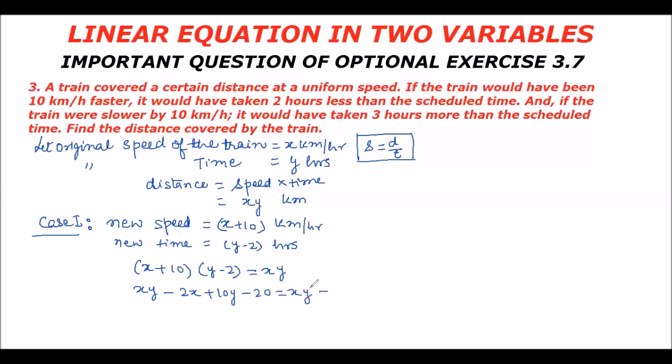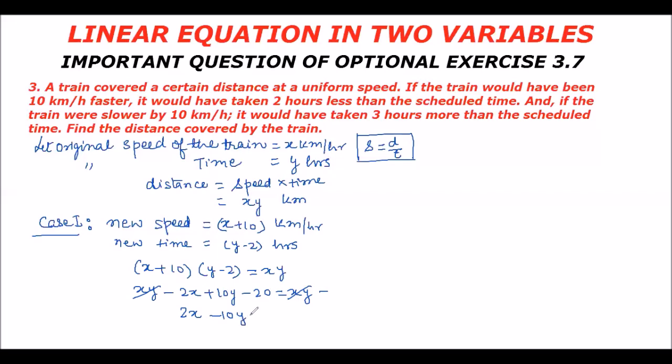Now children, xy is cancelling. So you are left with minus 2x plus 10y minus 20 equal to 0. Let's multiply the whole equation by minus, because to start with a negative sign is not good. It is optional, but you may do it like this.